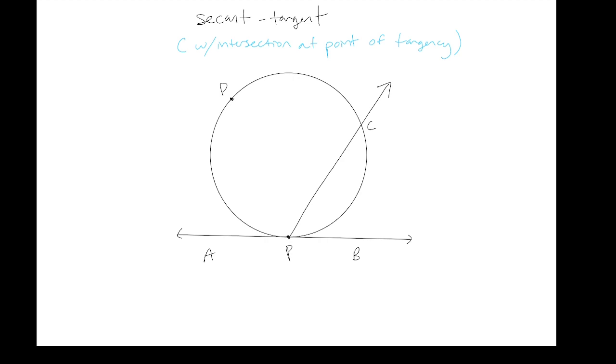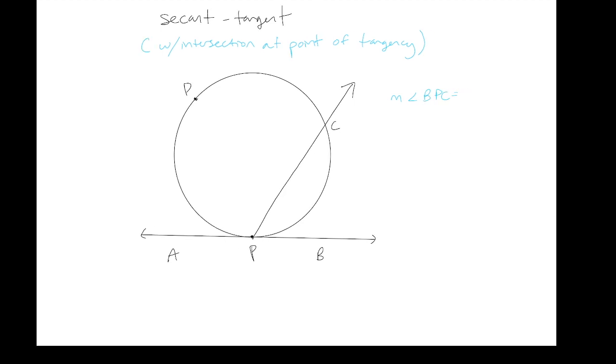Now I have created a whole different angle. Let's consider this angle I have right here, BPC. The measure of that angle has a relationship in that it is also 1/2 of the measurement of that arc PC. We dealt with this in our last lesson where we had inscribed angles that had a relationship of 1/2 of the minor arc that they were intercepting, right?